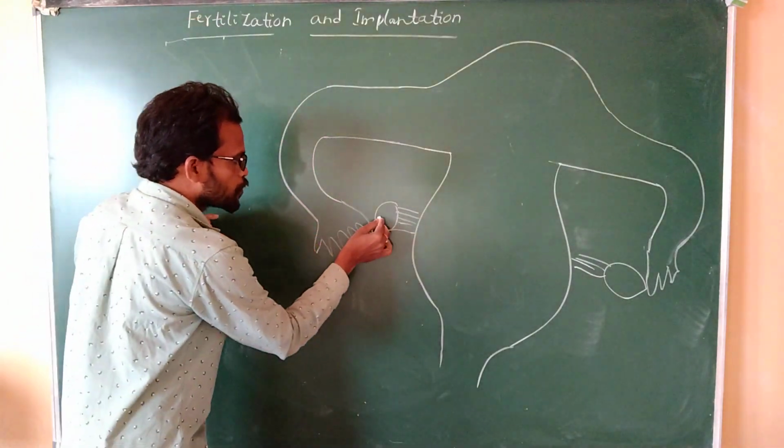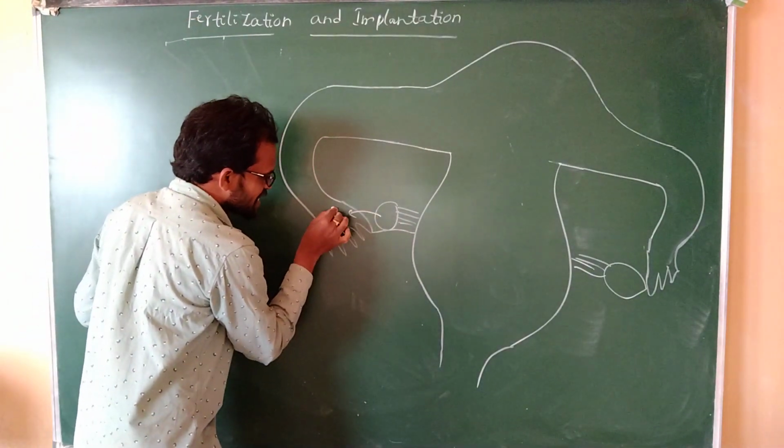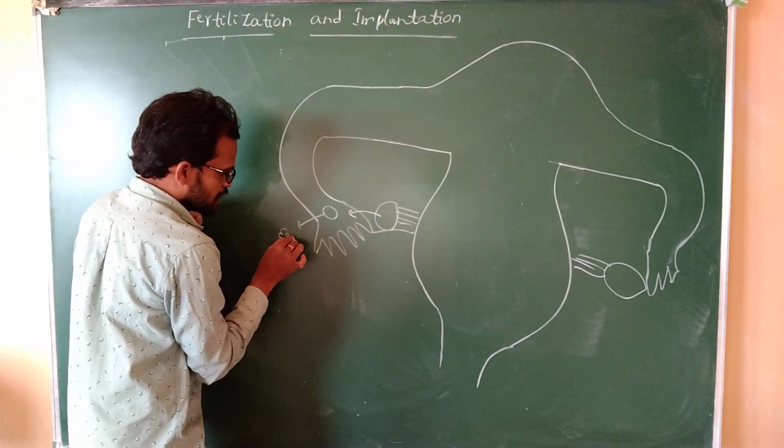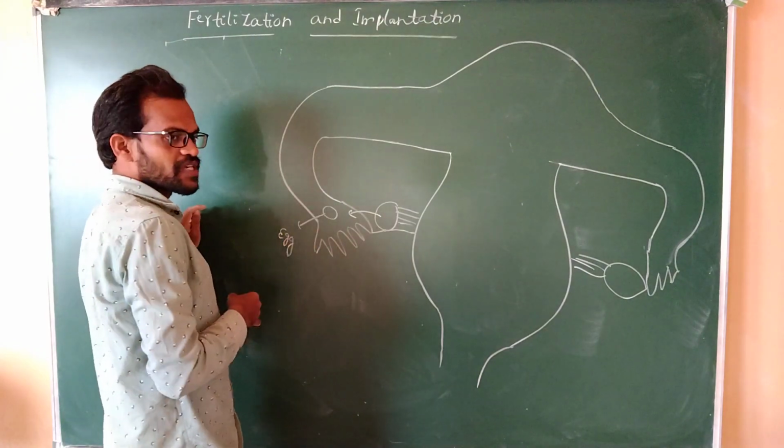The ovary produces the egg cell, that is a secondary oocyte.